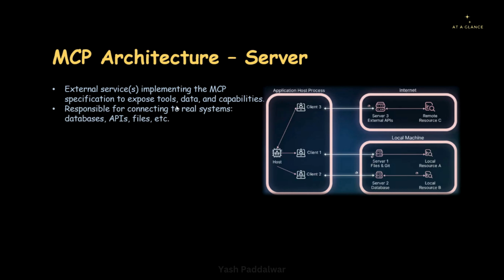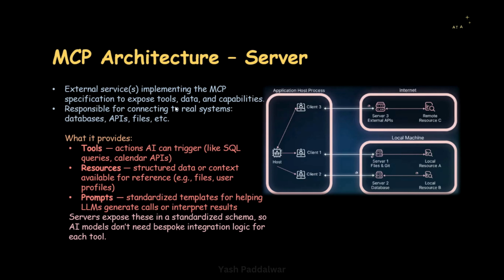This server is responsible for connecting to real systems, databases, APIs, files, etc. As already discussed, it provides tools, resources, and prompts. Tools are nothing but actions that AI can trigger, for example, executing SQL queries, or weather APIs, calendar APIs, web search.